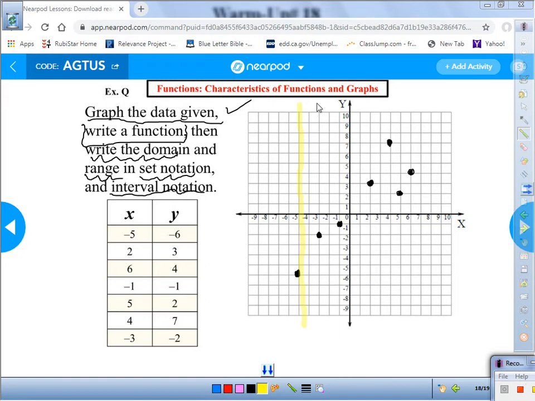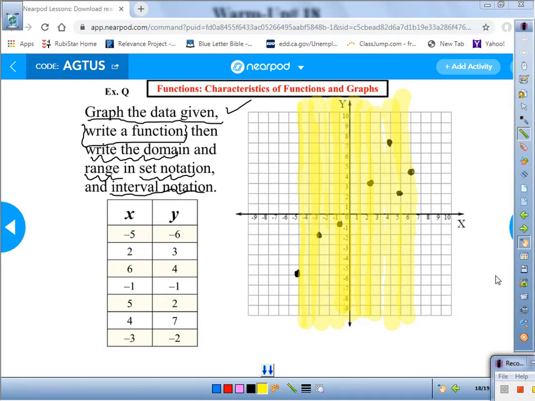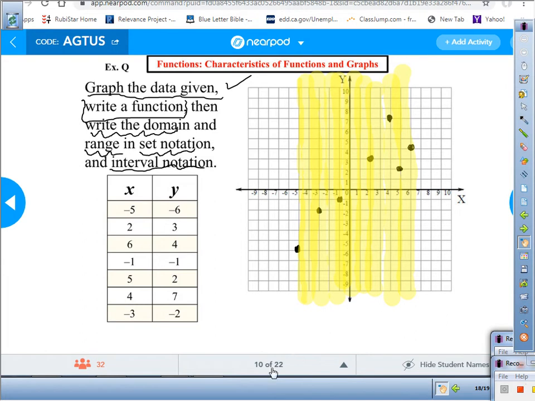And from there, continue highlighting all the way through. And stop at the last point when you highlight the last point.